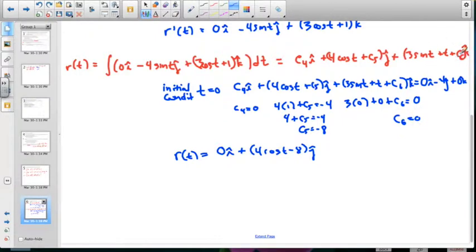We're just putting 0 in for C6. So we still have all of this as a result of the previous integration. So we have plus 3 sine t plus 0, but I'm not even going to write that, for the k component. So here's the function. We don't have to write this component, but I'll just leave that there.